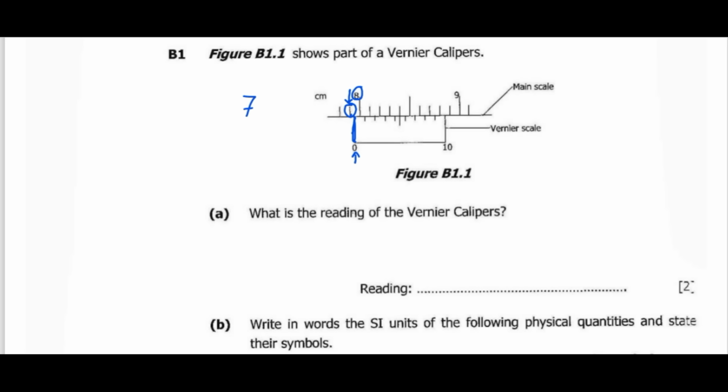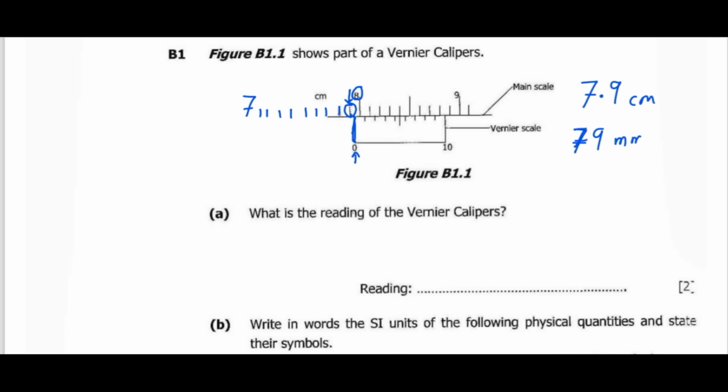So if here we have 8, then this should be, let's say, 7.1, 7.2, 7.3, 7.4, 7.5, 7.6, 7.7, 7.8, so this is 7.9. Now 7.9 is in centimeters. If we want to give it in millimeters, this will be 79 millimeters.